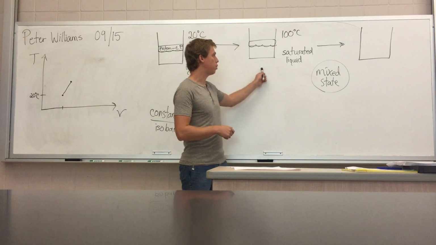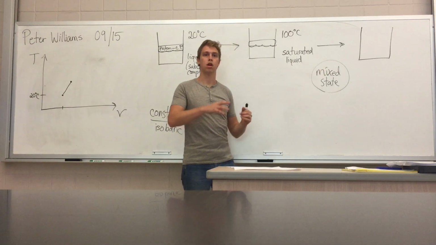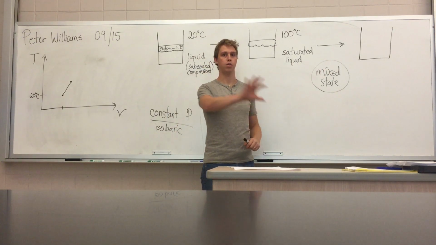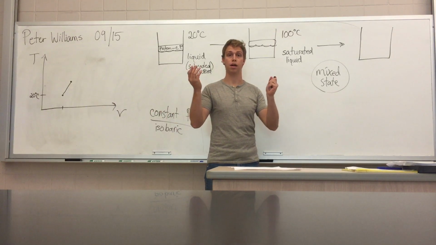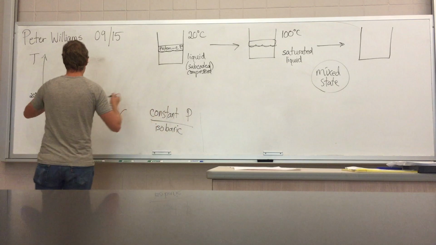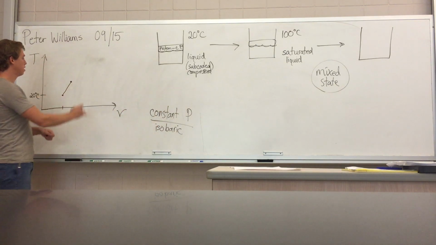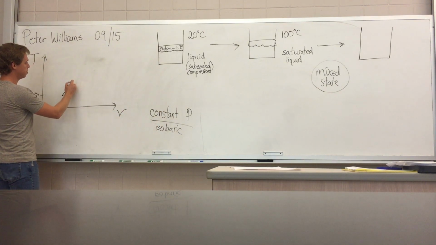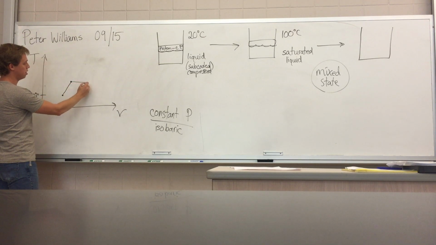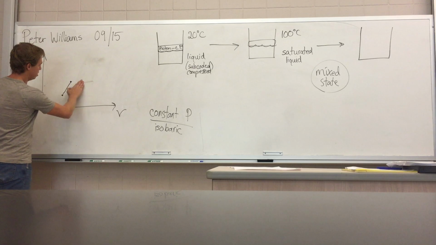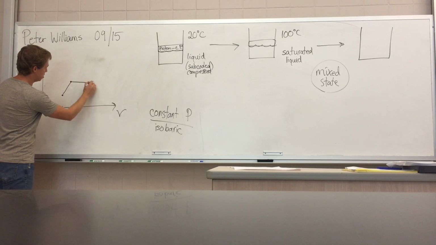So any heat that we add in this mixed state is going toward converting that liquid into vapor. It's going into the vaporization process, not to heating it up. So as we look at what our process diagram is doing, the volume is obviously still increasing, but the temperature is not. And so we have a flat line that goes this way, okay? That's supposed to be perfectly straight.